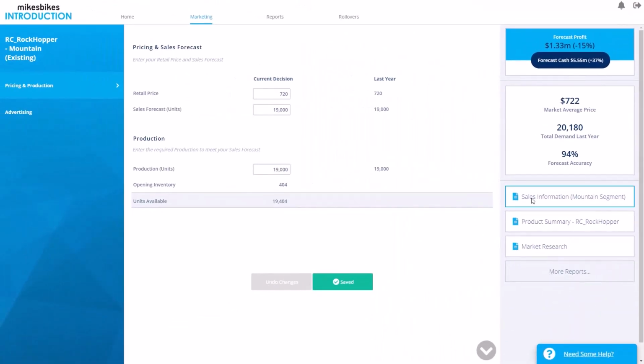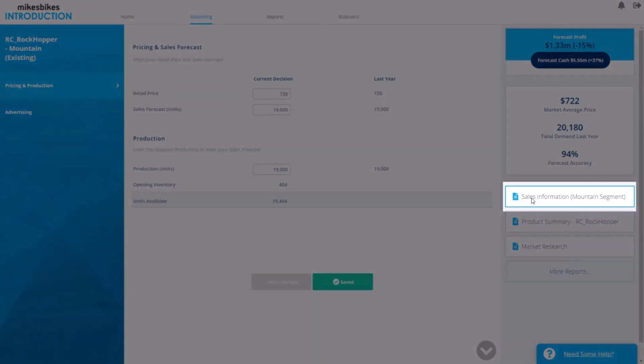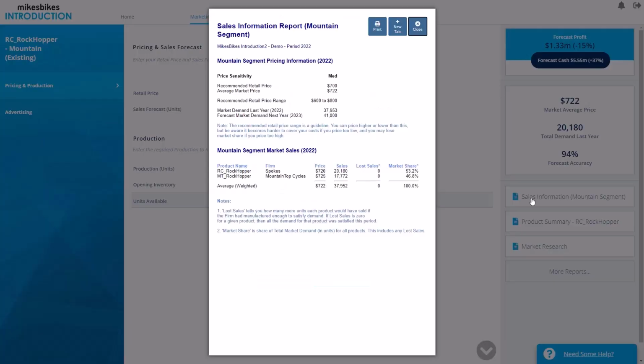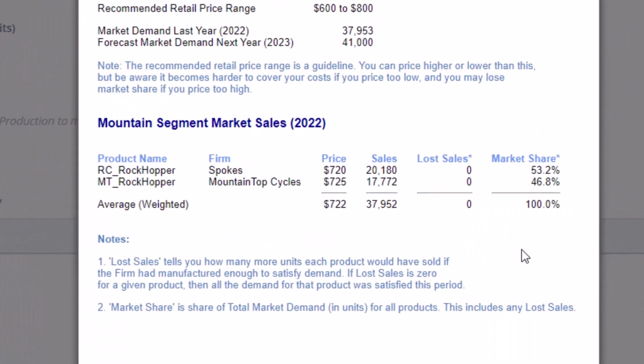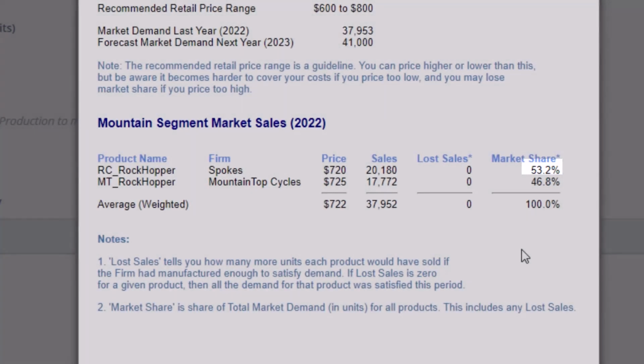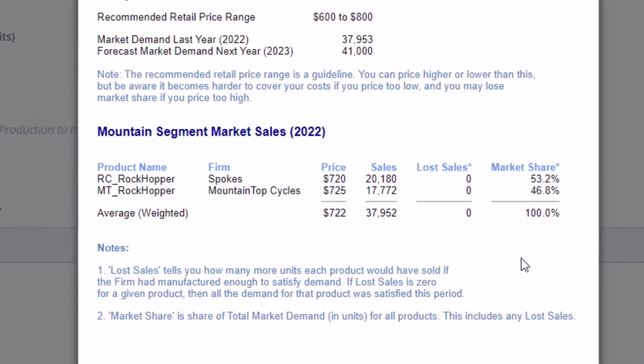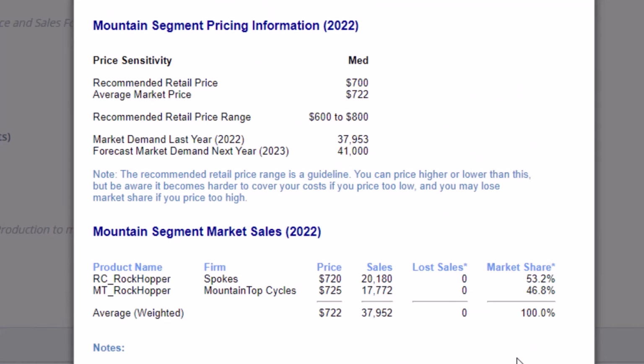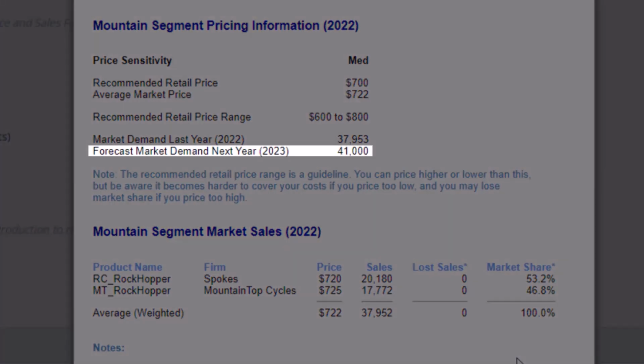To conduct an accurate sales forecast, we need to use the Sales Information Report. I can see last year my market share was 53.2% of total market sales. And we can see that the forecast total market size next year will be 41,000 units.